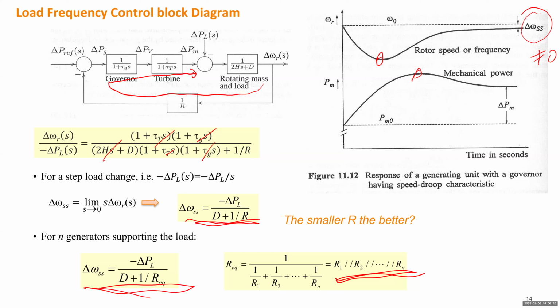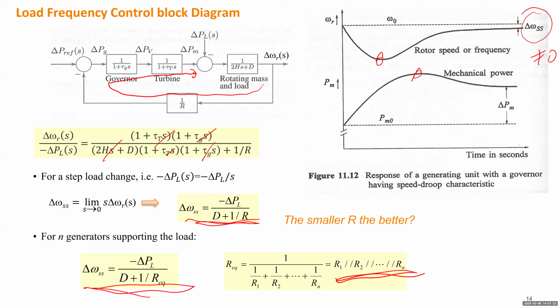The next question: it seems that the smaller R, the better. Is that true? Definitely, when asked this question, the answer is that it's not true, right? If you have any ideas about the stability of a proportional controller, usually when you increase the gain, that will give you a better steady state condition, but it will worsen the dynamics.